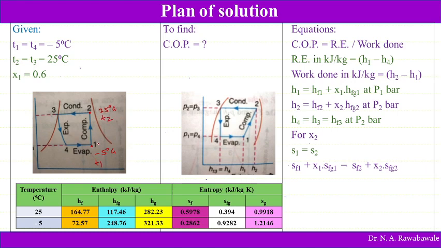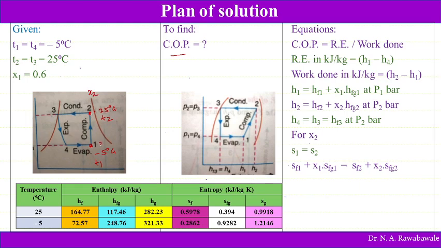To find the COP of this refrigeration system, one thing you can observe is that at the end of compression, the refrigerant is not going to be on the dry saturated line or saturated vapor curve. It is on the inner side, which means the vapor at the end of compression is going to become wet.